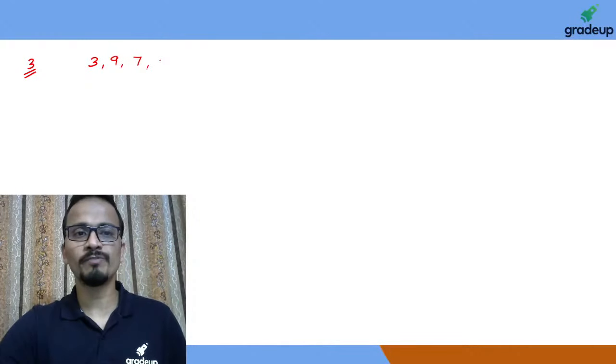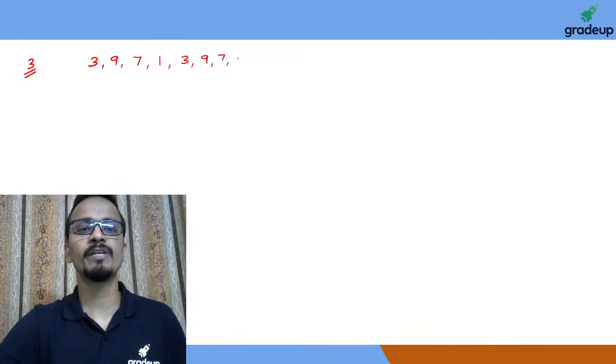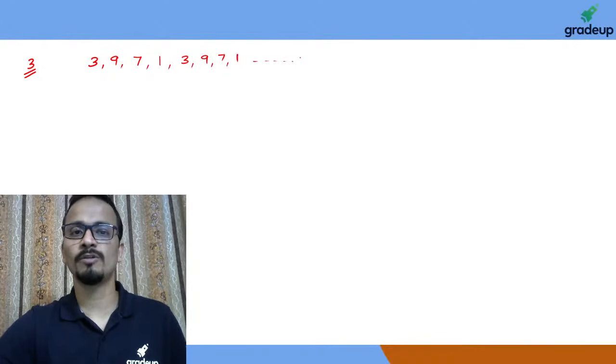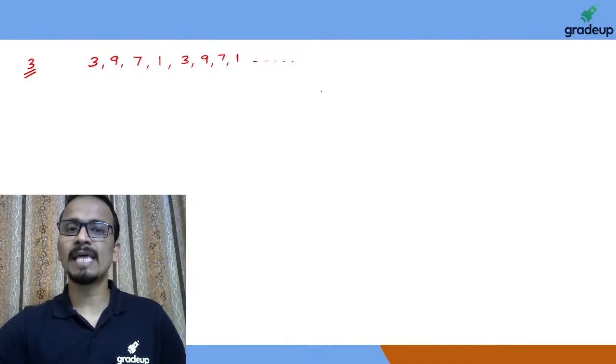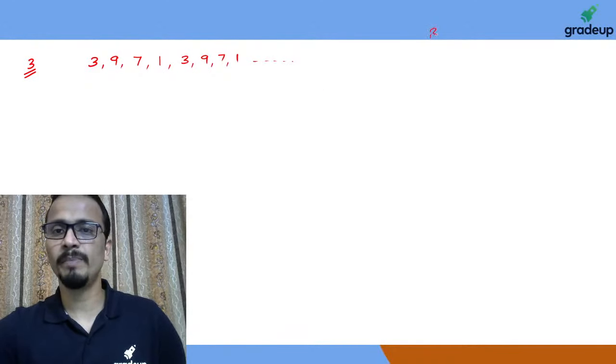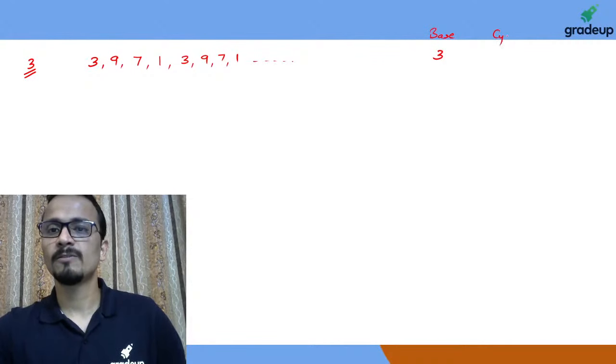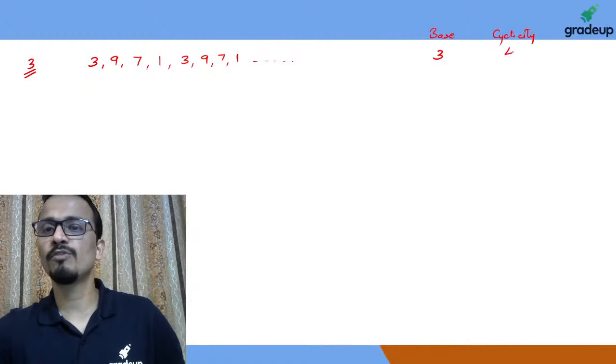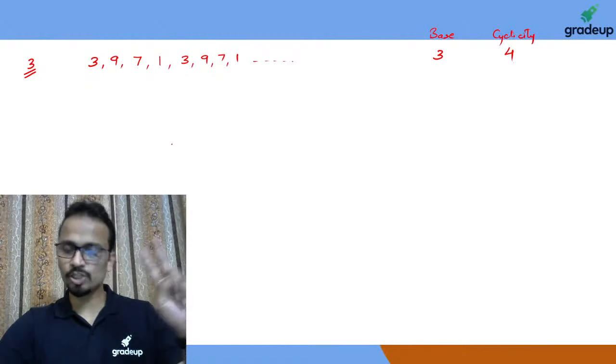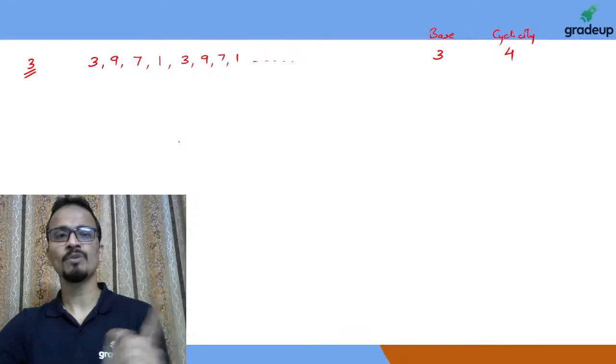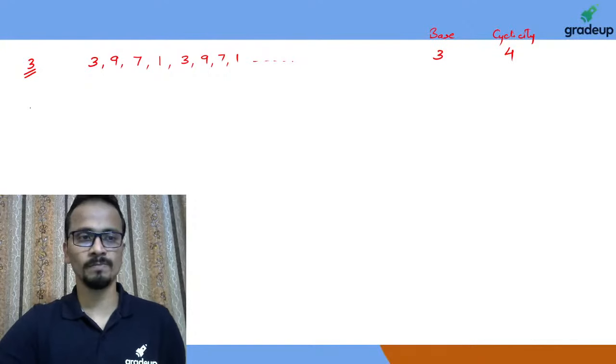And 3 raised to the power 4, the unit digit is 1, after which it will start repeating 3, 9, 7, 1 and so on. So when the base is 3, the cyclicity is 4. For base 2 we have already seen the cyclicity. For base 3 the cyclicity is 4.